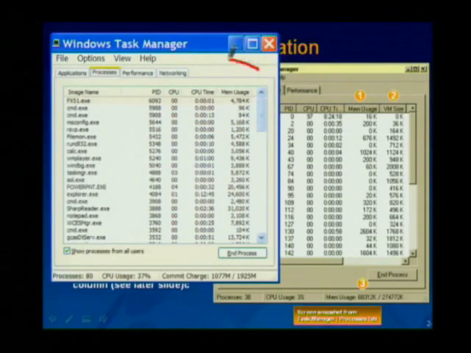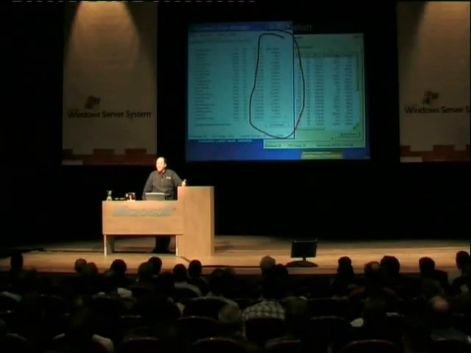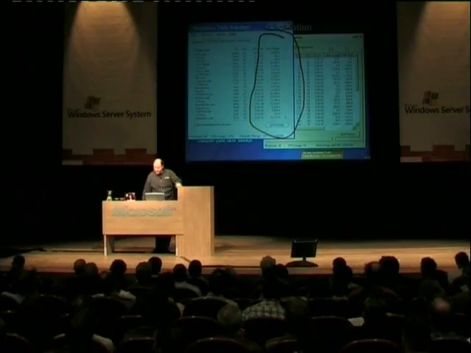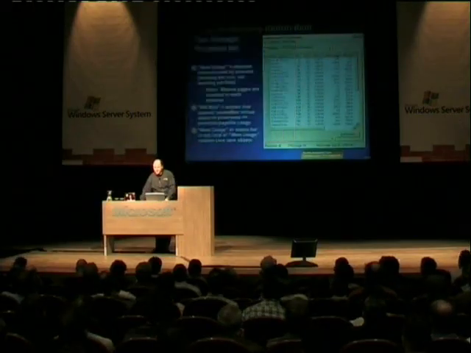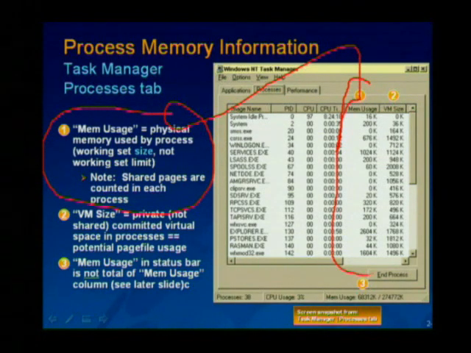The mem usage column, which is what most people look at to determine memory usage, is absolutely the wrong number to look at if you're trying to understand virtual memory usage by a process, if you're trying to understand who has a memory leak, because that's the working set size. And that's what's on the slide. Column 1, the mem usage column, is the working set size. And you know what? The app has no control over that, effectively. It's up to the memory manager.